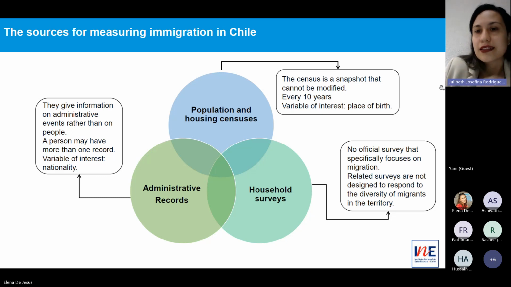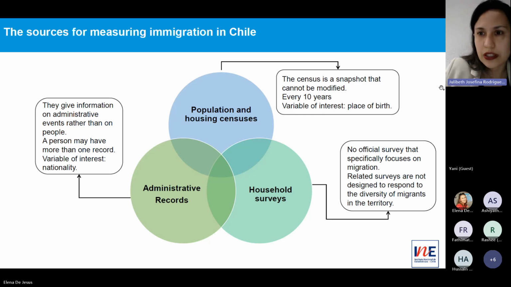But the census is a snapshot that cannot be modified, and in Chile particularly, this source of information focuses on those migrants who were born abroad. This is the only variable to define migrants in Chile. In the case of surveys, in Chile there is not an official survey specifically focused on migration, and the existing surveys that somehow address this topic are not designed to respond to the diversity of the migrants in the territory.